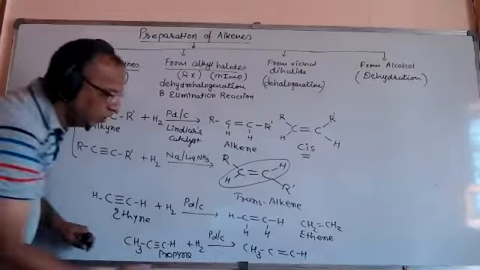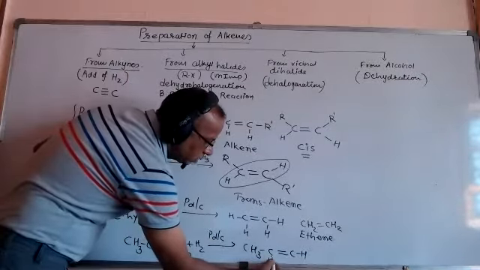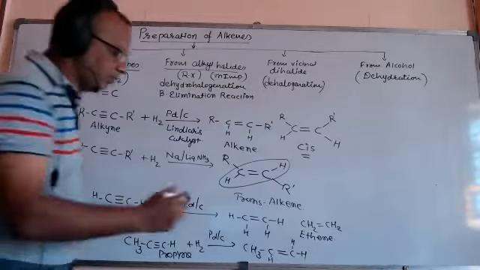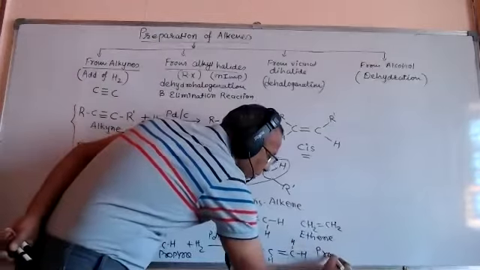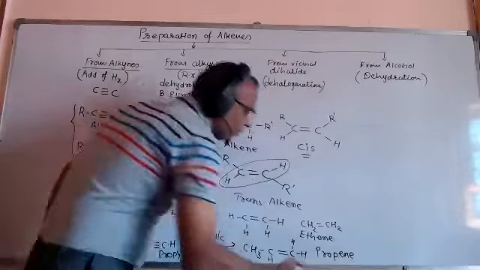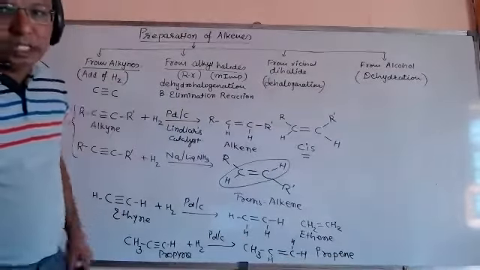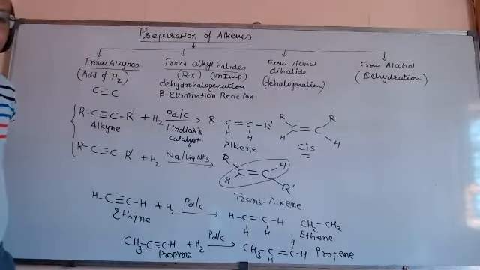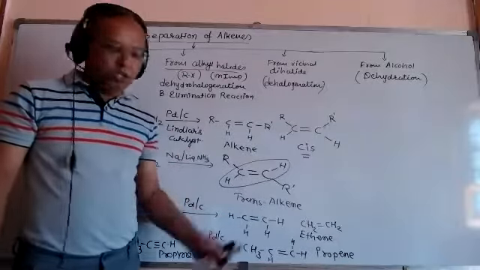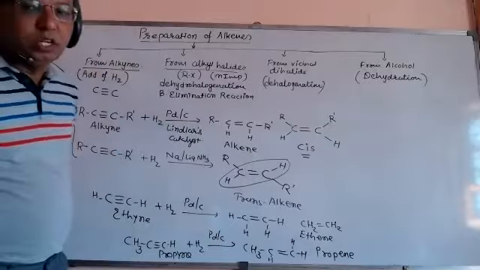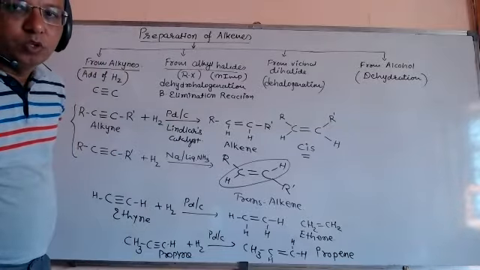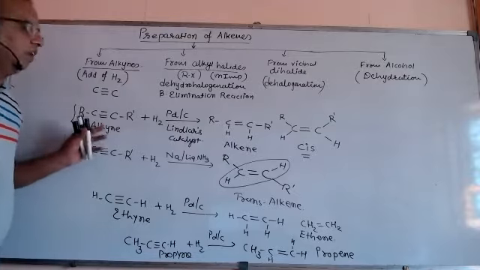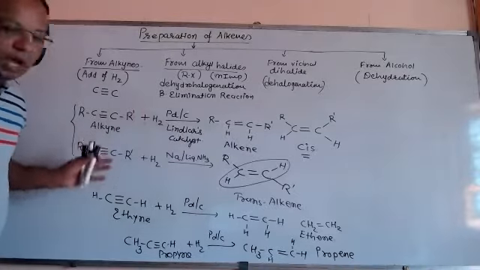Here one hydrogen will be added, another hydrogen will be added to the last carbon, and we will obtain propene. In propene, there is always only one, and that's why propene and prop-2-ene are not separated. That's why you have to write just propene there. So these are the examples of preparation of alkene from alkyne.